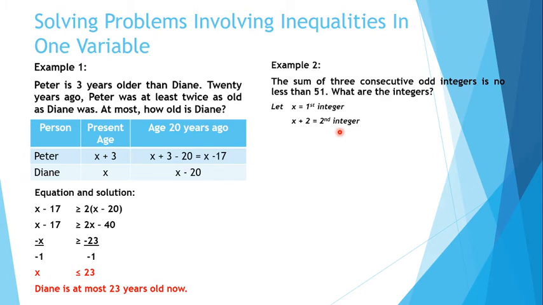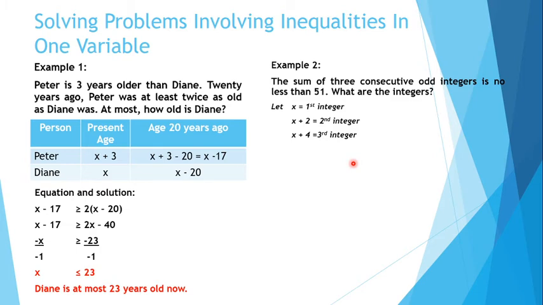Now, how about the third integer? In the example that I have mentioned, 1 plus 2 is 3, and then the next integer there is 5. For us to get 5, we have to add another 2 in our formula. So to sum up, x plus 2 plus another 2, that is x plus 4, and that is our third integer.